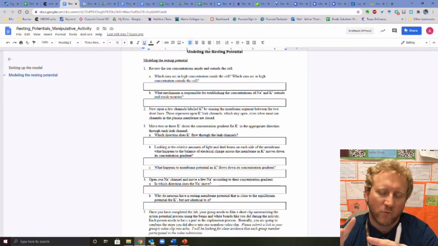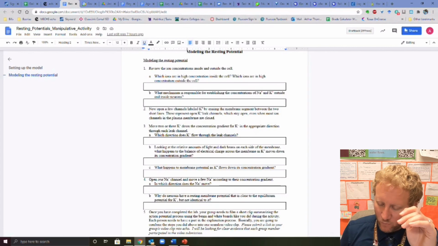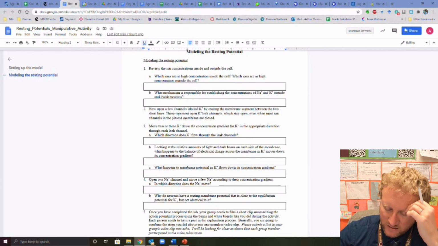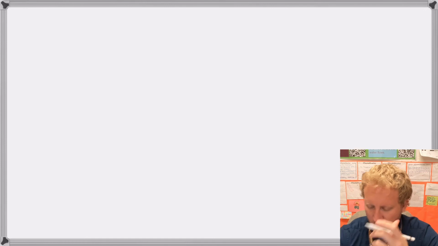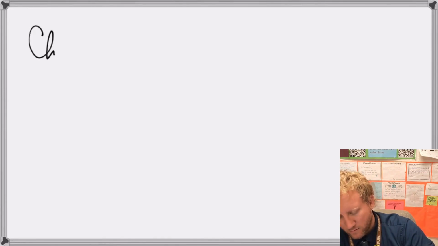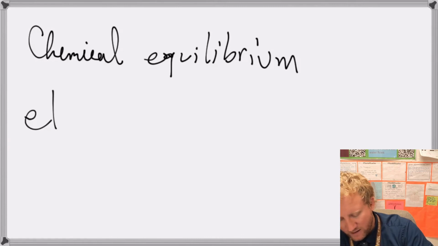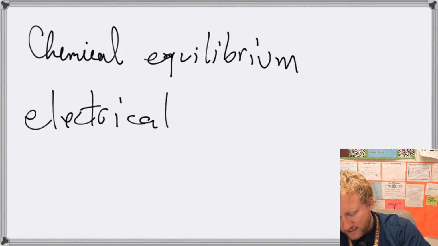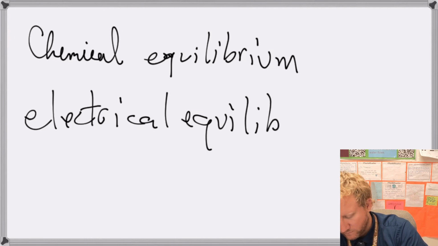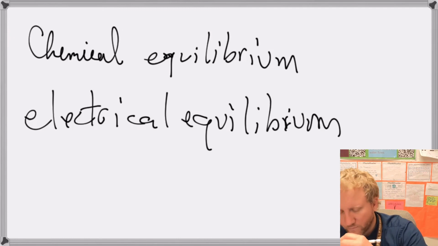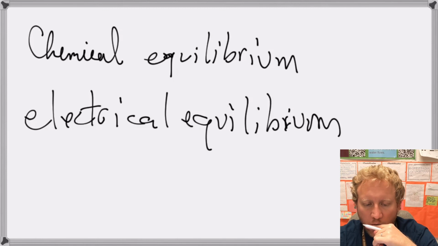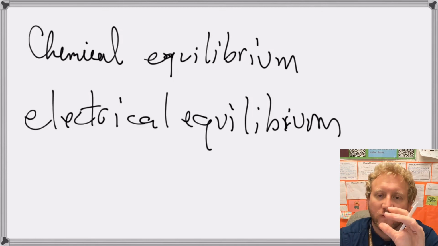Because here's something that's really important. Okay, when we're looking at this, we've got chemical equilibrium, and we've got electrical equilibrium. Electrically, our nerve cells are stable.